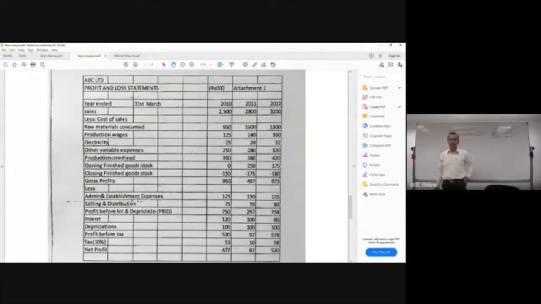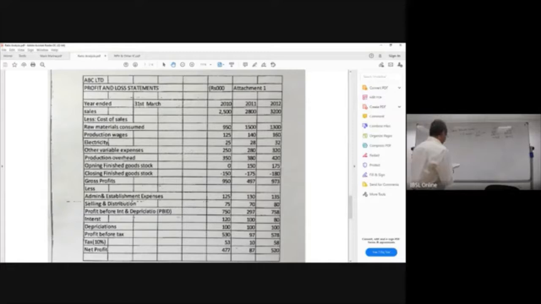Raw material consumed is about 1,500 when the turnover is 2,800. In 2012 sales are 3,200 and the raw material cost is 1,300. Maybe the raw material prices went up, for some reason. So when we do the ratio, we have to see what has been the reason for the ratio changing, because gross profit percentage normally won't change very much.